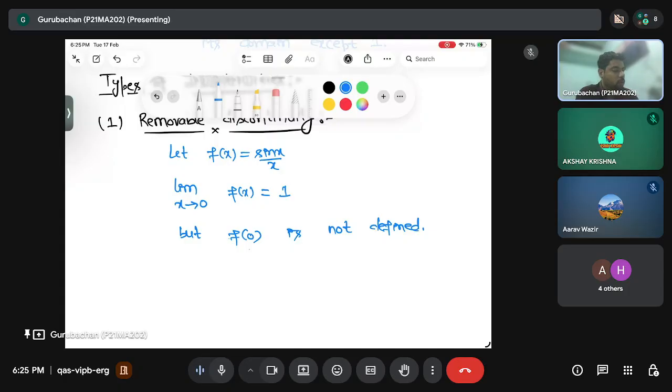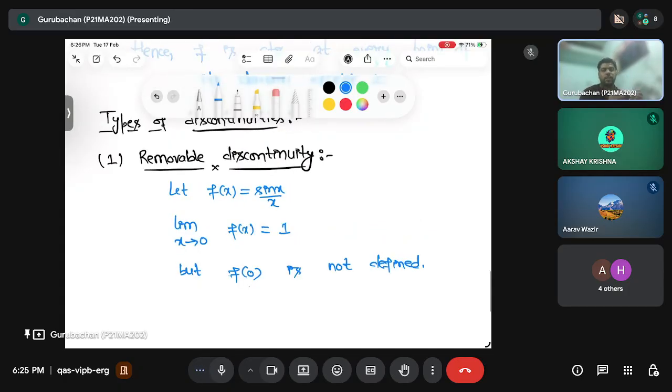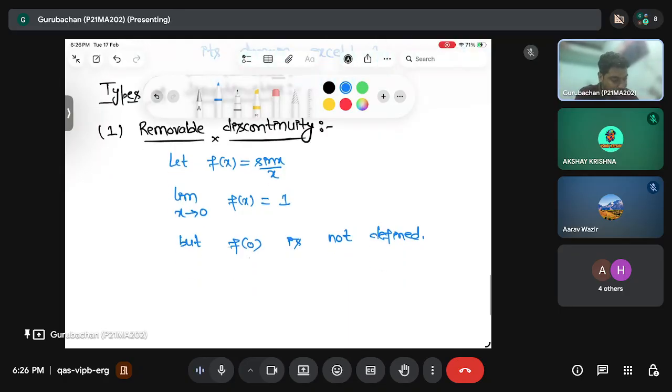Okay. So f of 0 is not defined here. So what we can say, this discontinuity can be removed. How? You may redefine your g(x), which is equal to f(x) if x is not equal to 0, and 1 if x is equal to 0.